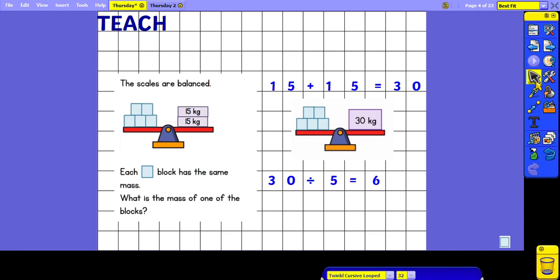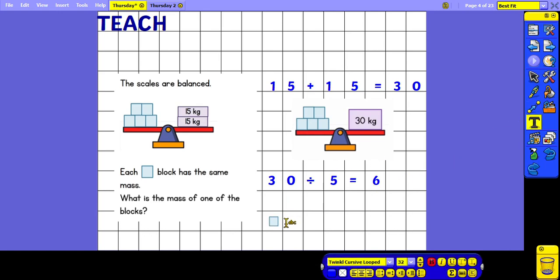And that tells me that one of these blue blocks has a mass of 6 kilograms. So we've managed to answer the question at the end.